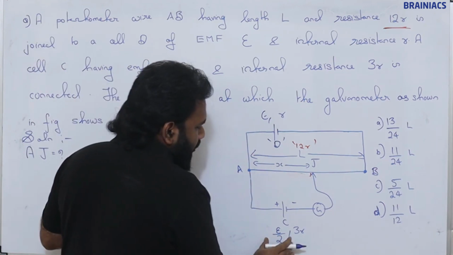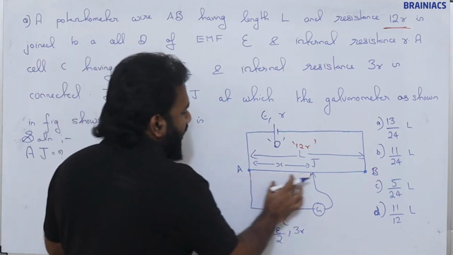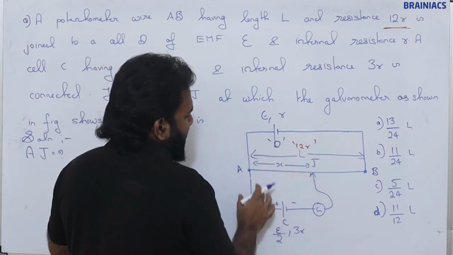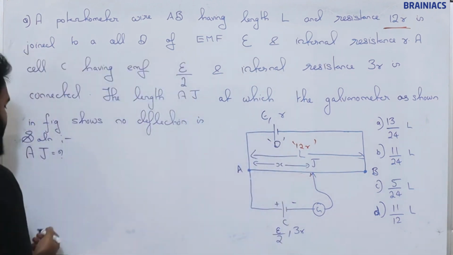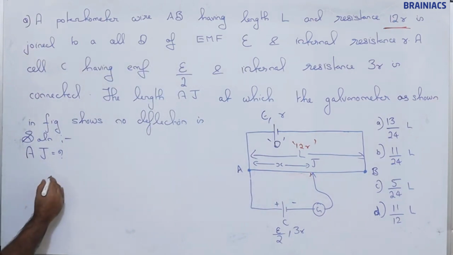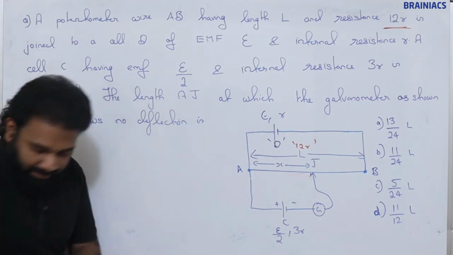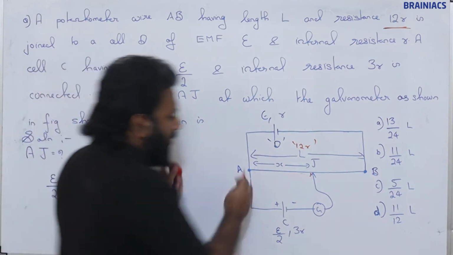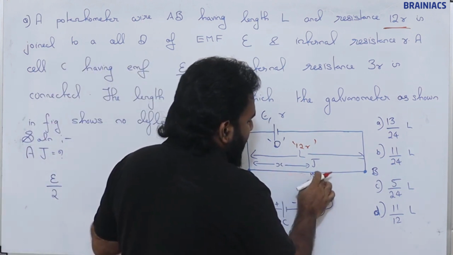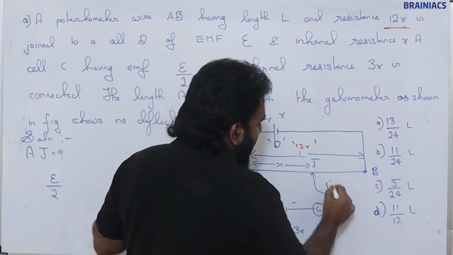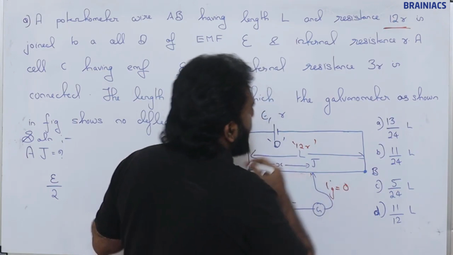E by 2 must be equal to what? K into X, or K into AJ. This is what we need to find. So when the galvanometer jockey comes here at AJ, the galvanometer current will be 0.